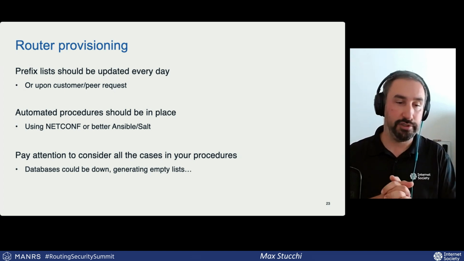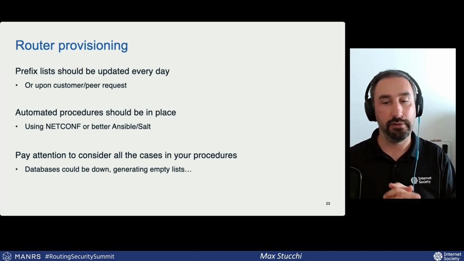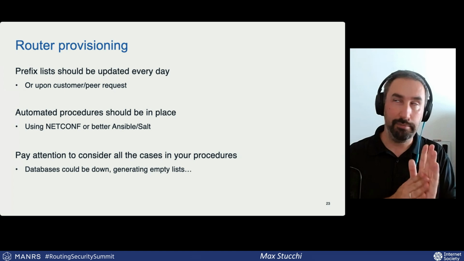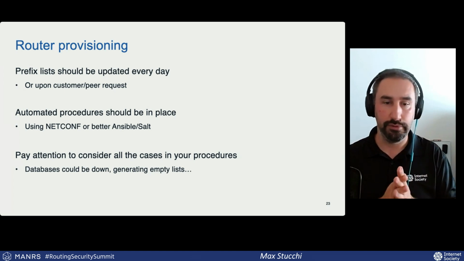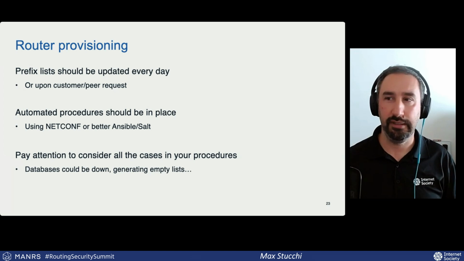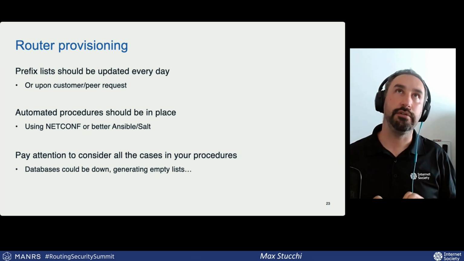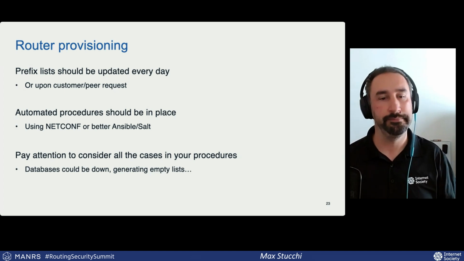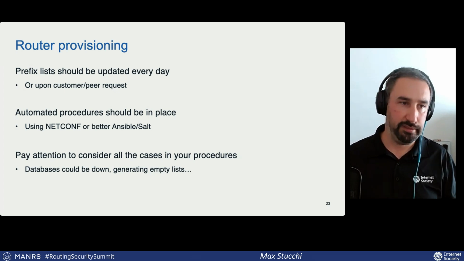And then pay attention, this is my suggestion, to consider all the cases in your procedures. I know of at least a couple of people who built their own tooling to generate the filters, and then they didn't consider the fact that sometimes your data source, the databases, might be down, unreachable, or you might have other issues.